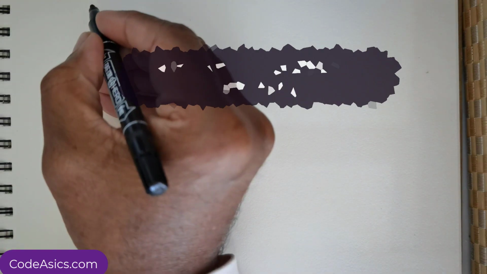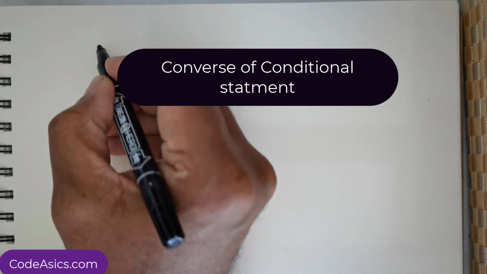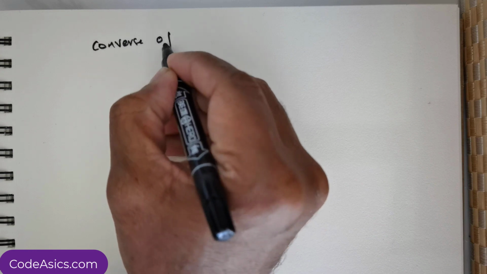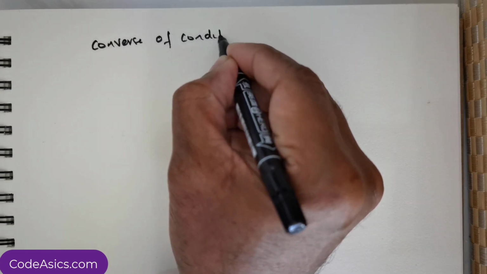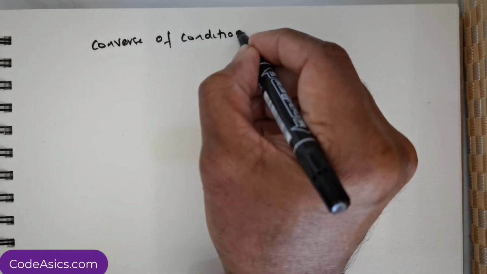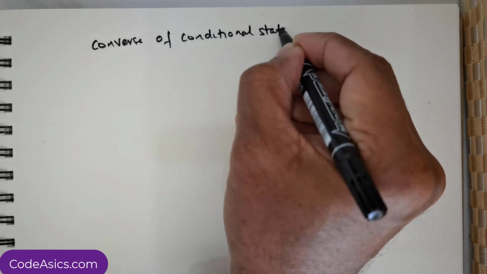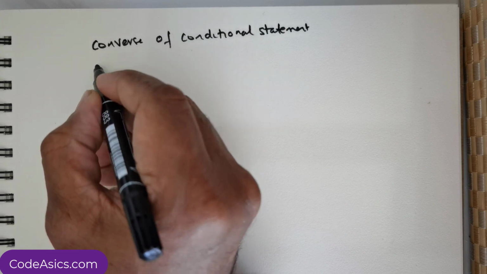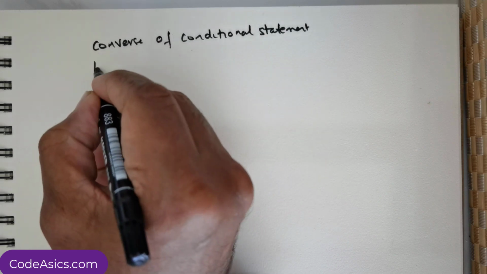Now the next concept you will have to know is what is called the converse of a conditional statement. Let me write that down here. Converse of conditional statement. Let us just consider this example.